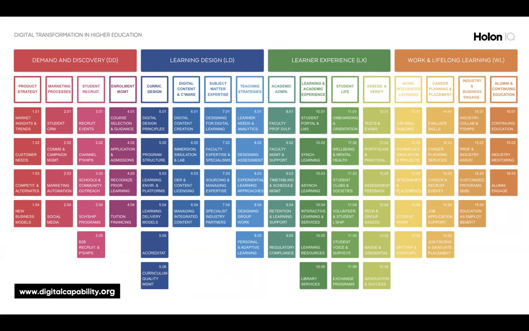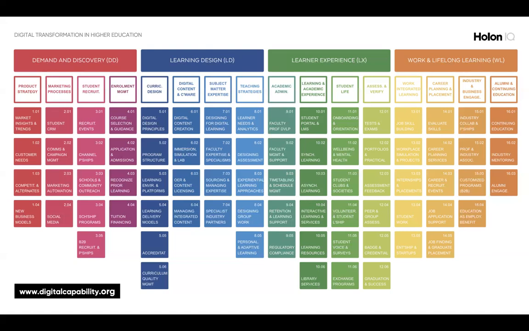So that's from planning product strategy. At the next level down, at these domain levels, there are 16 of these: product strategy, marketing processes, student recruitment and enrollment management, and then crossing over into the areas of learning design that may look at digital capabilities in curriculum design, digital content and courseware, subject matter expertise and teaching strategies.